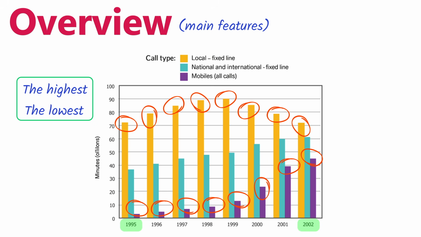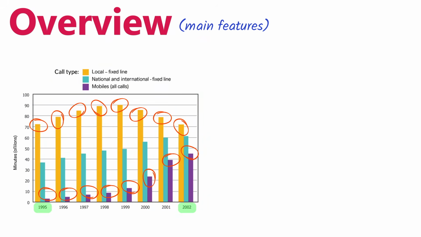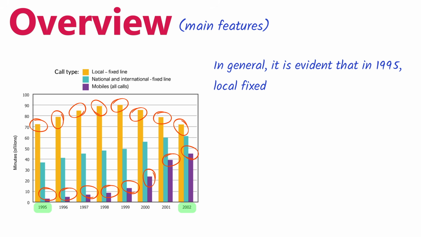Now, let's just start writing. So we can first write about 1995, and then we can write about 2002. In general, it is evident that we can start our overview paragraph with this phrase. It is evident that in 1995, local fixed line calls were the most prominent choice. It's a good word here, prominent.